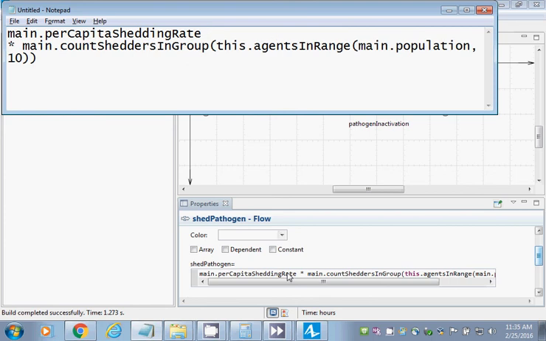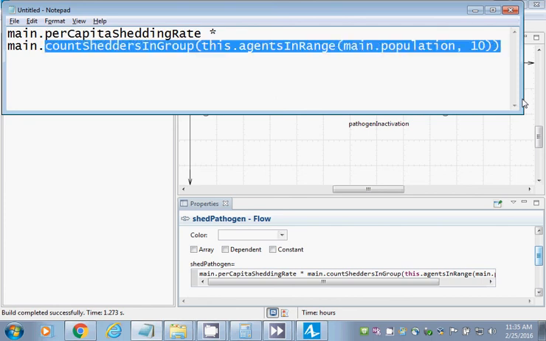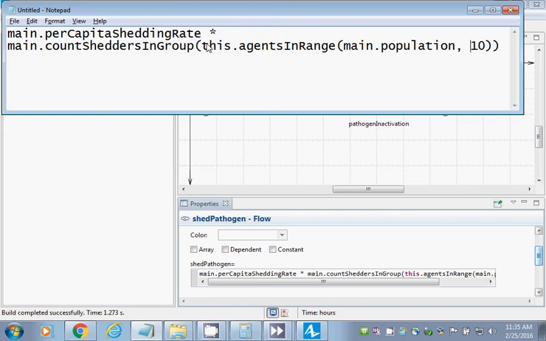This is going to count the shedders in that group of agents within 10 units of ourselves. How many shedders are there? We're going to multiply it by the per capita shedding rate, and that's going to give us the inflow of shed pathogen.